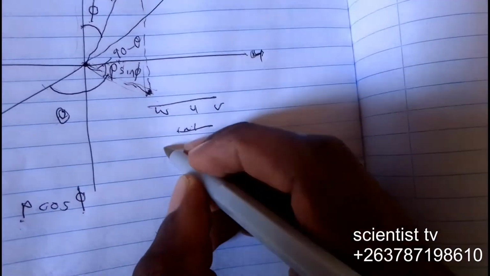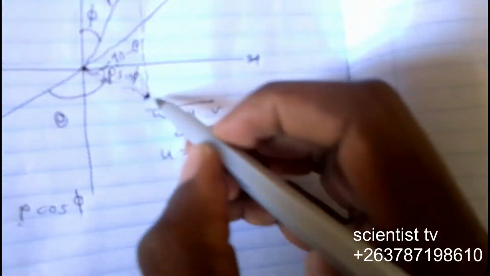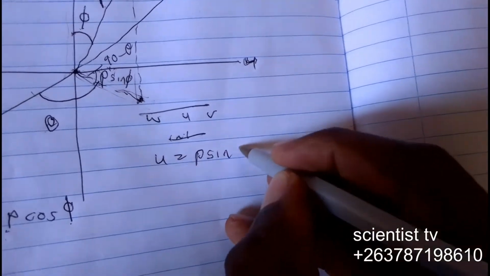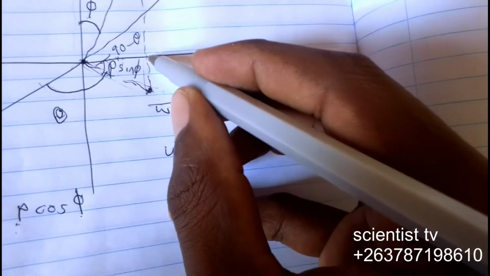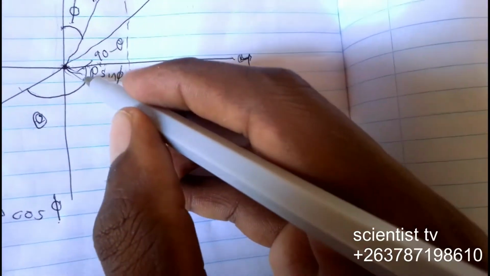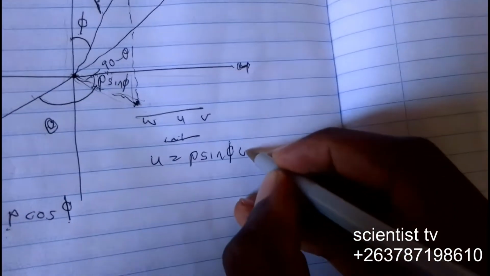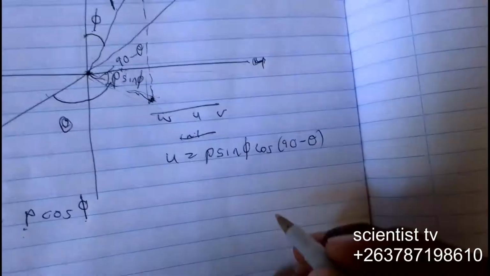So u is equal to the projection rho sine phi times cos of 90 minus theta.